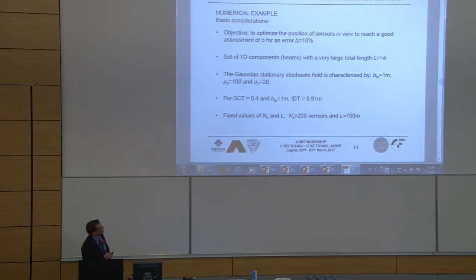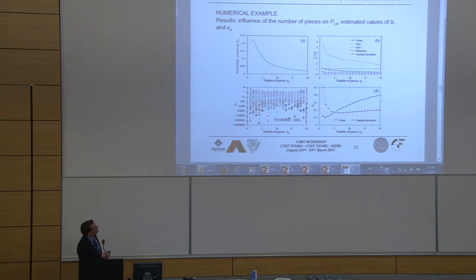For a spatial correlation threshold equal to 0.4, we have this maximum distance between sensors. We fixed the number of sensors and the length of the structure. So that's what we obtain here.